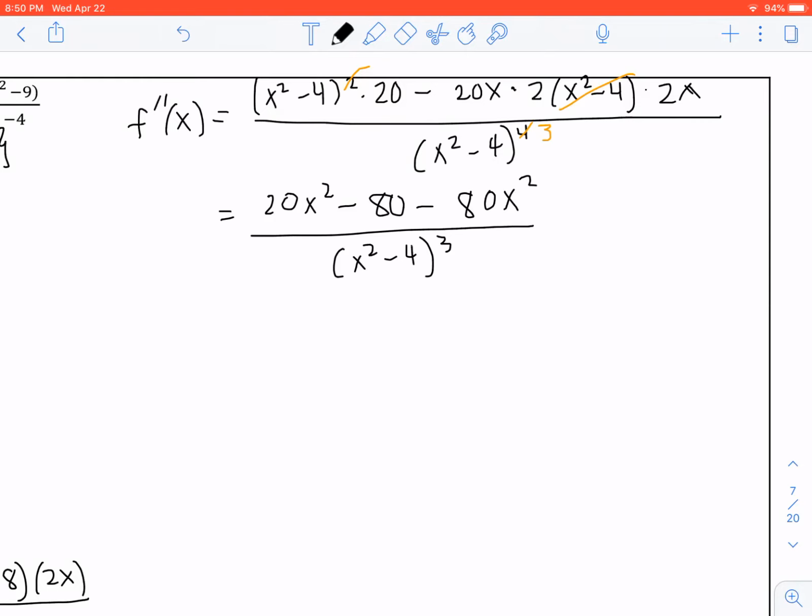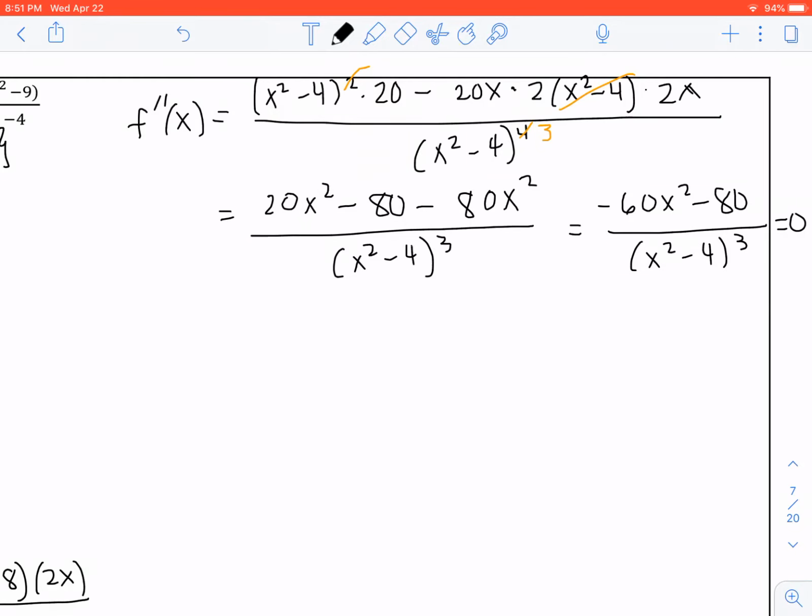Simplifying this even further, we get negative 60x squared minus 80 all over x squared minus 4 raised to the third power. And so from here, to find our possible inflection points, we're going to set this equal to 0.